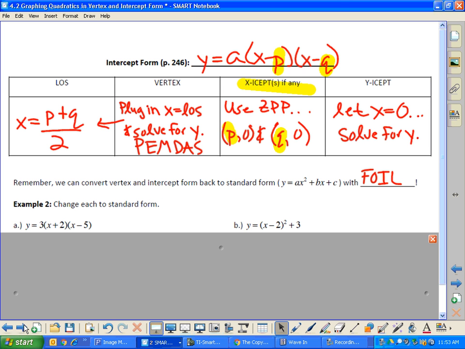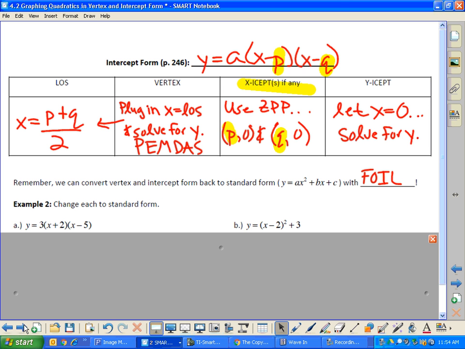We said that x-intercepts earlier in the lesson are always symmetric to an axis of symmetry, which means that the axis of symmetry is exactly halfway between your two x-intercepts. So a real quick and easy formula for your line of symmetry is just to take your P plus your Q and divide it by 2. And then we could use this x value to find your vertex.